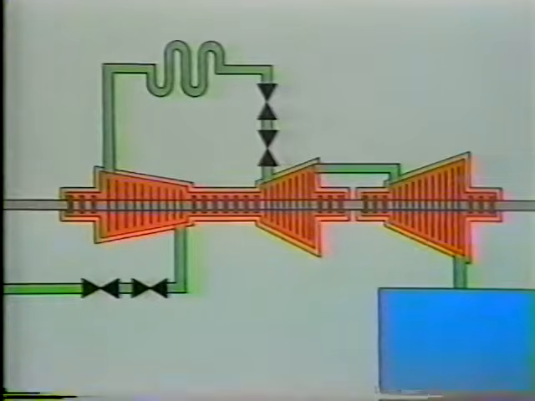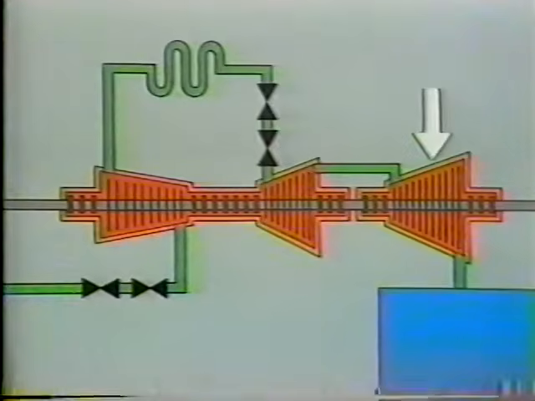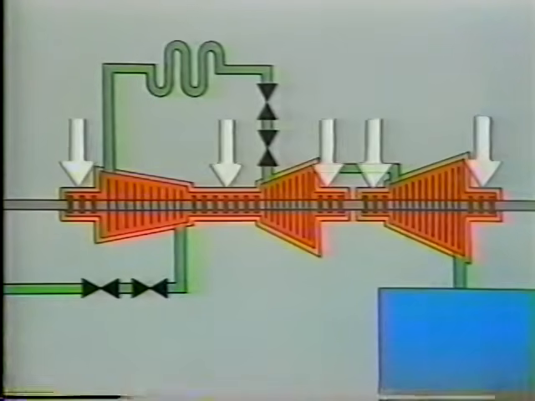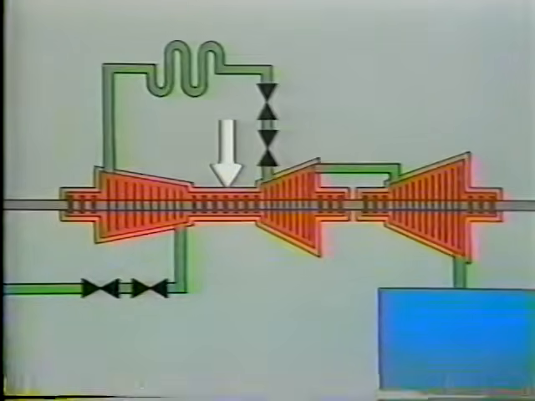Here we have a simplified cross-section of a turbine. We still have the HP, IP, and LP turbines, but we've also included the turbine rotor and blades and seals between the different turbine sections. The seal between the HP and IP turbine is sometimes called the mid-span seal.